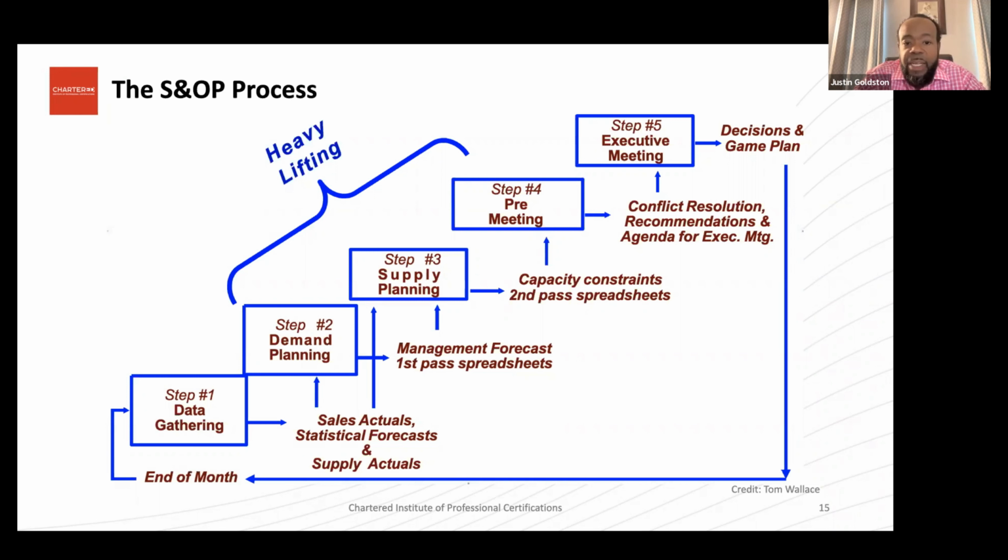We're going to then identify the capacity constraints within our organization, whether from a warehouse perspective, a distribution center perspective, or a production perspective. And once we have identified that and hit it up against the forecast, then we go into the executive meeting.